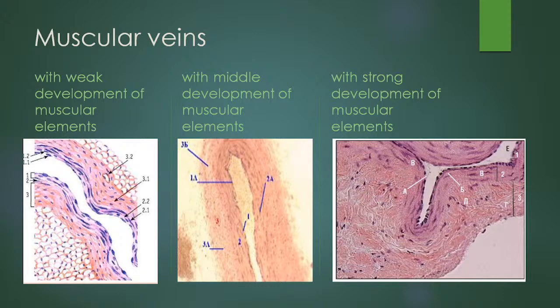These veins contain well-developed bundles of smooth muscle cells in all three tunics.